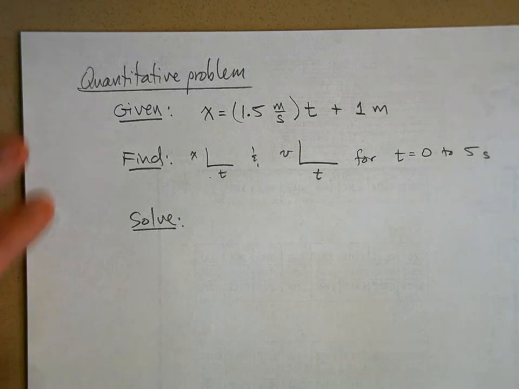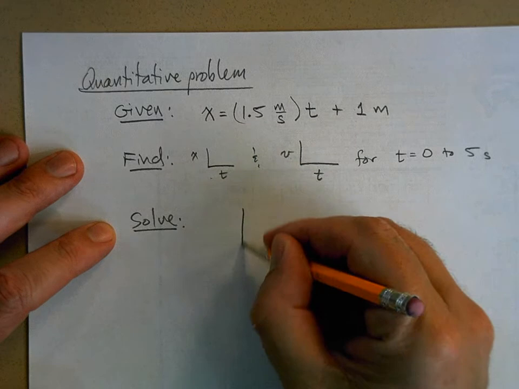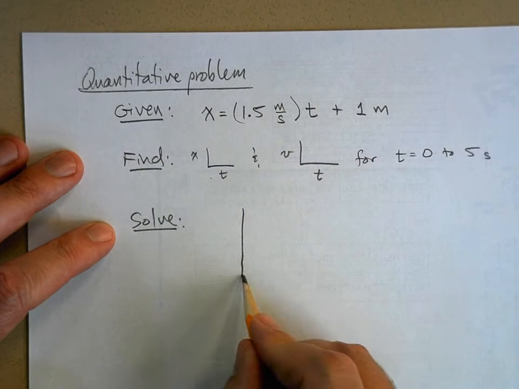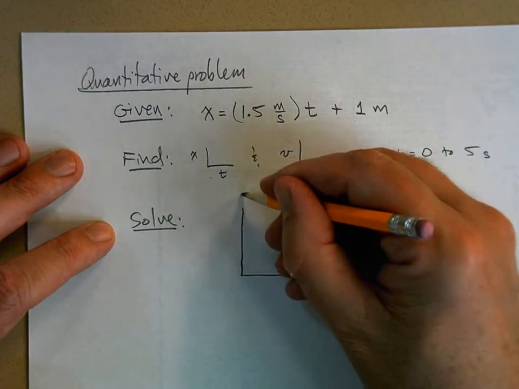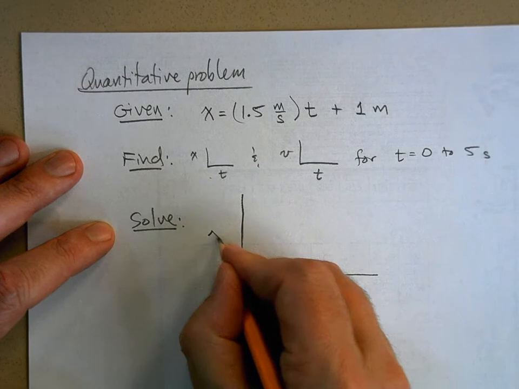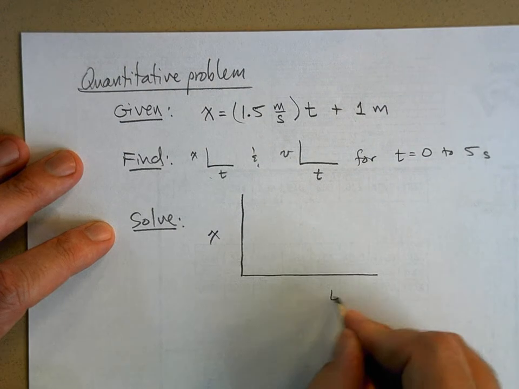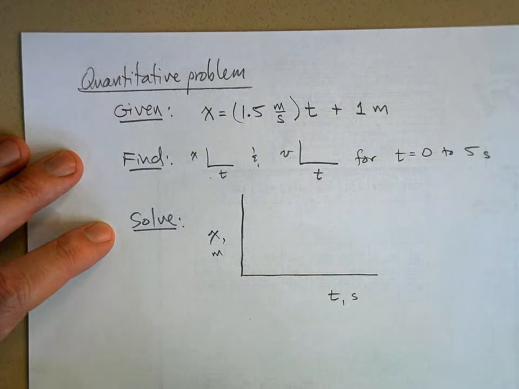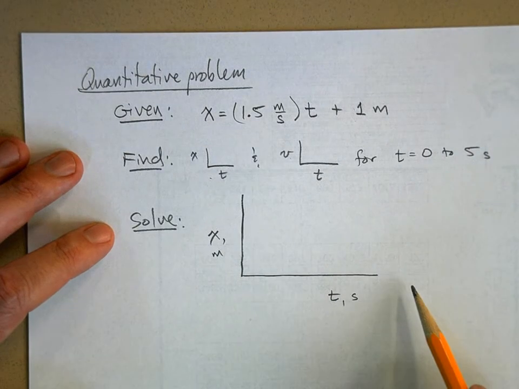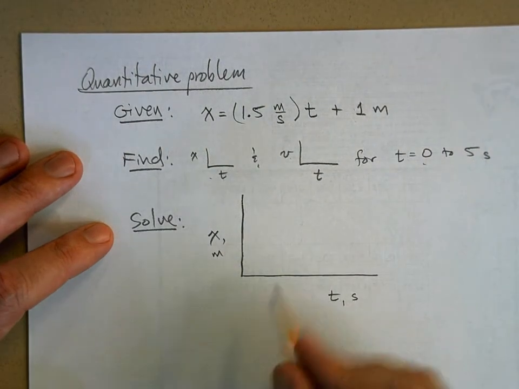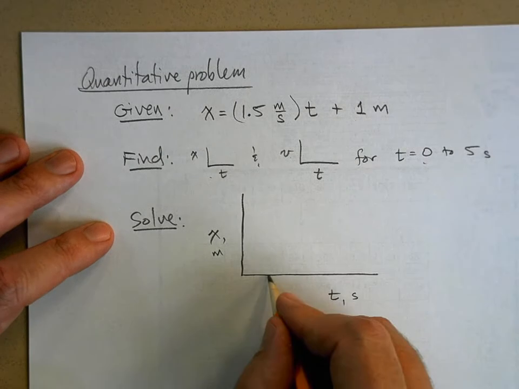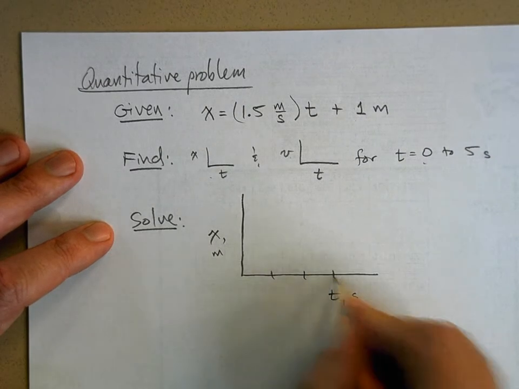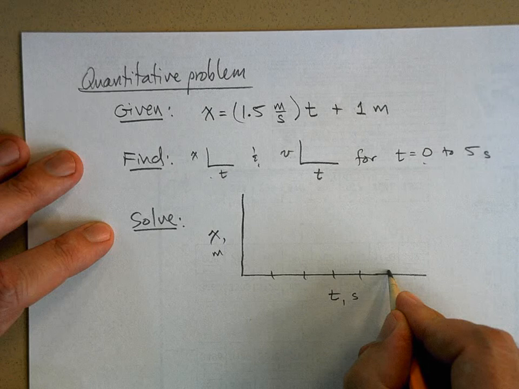So let's draw position as a function of time. But this is going to be in meters, and this is going to be in seconds. Now, usually I do my horizontal axis first, 0 to 5. So I look at how much space I have, 1, 2, 3, 4, 5.